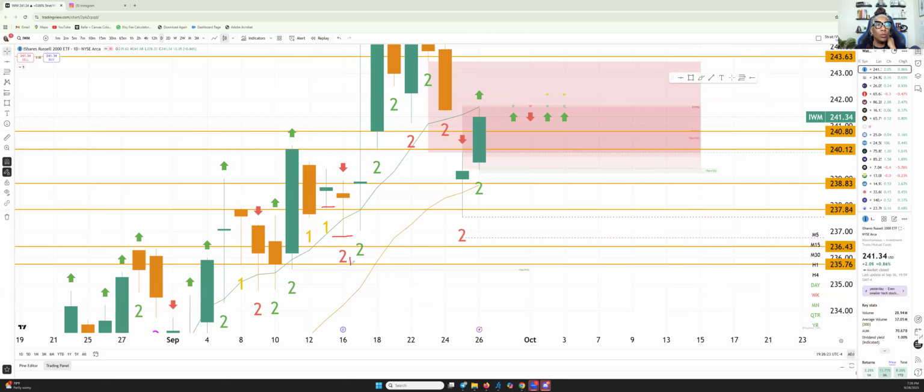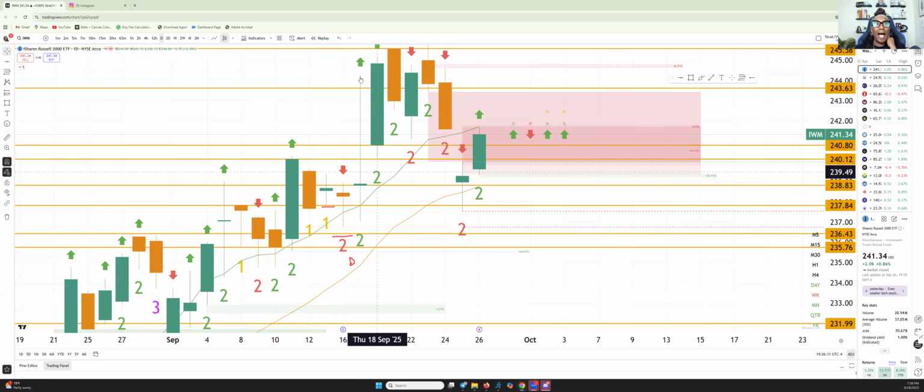And then next to it, you can see there is a 2 up candle, which basically means the high of that candle is higher than the high of the previous candle. That would be a 2 up. You got 2 downs, 2 ups.